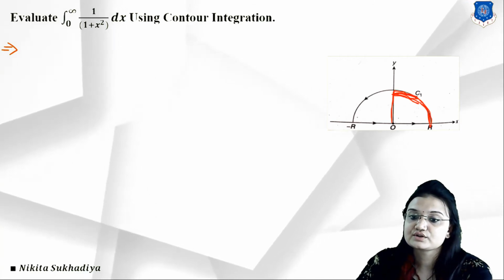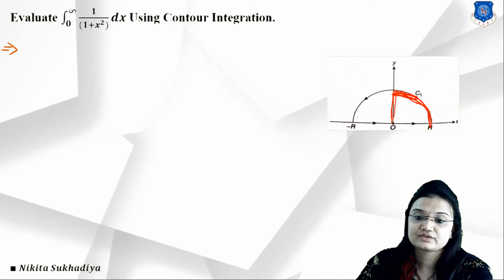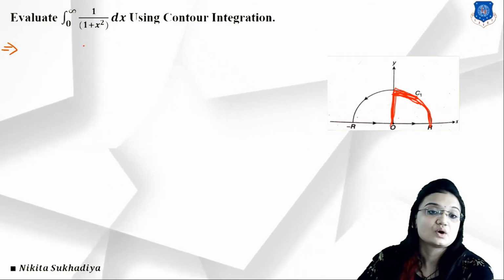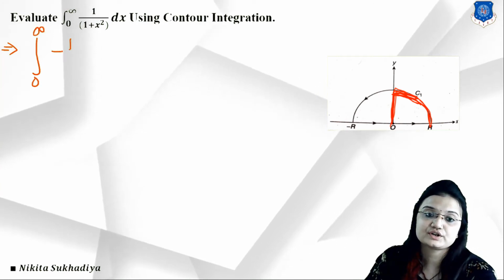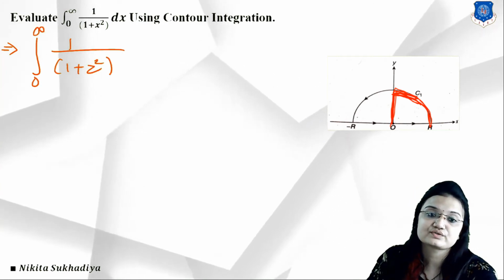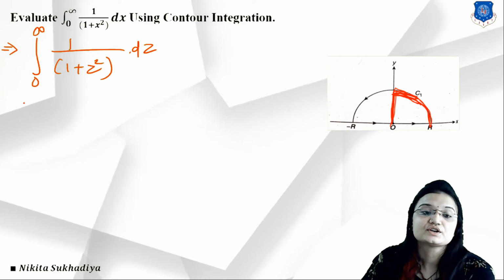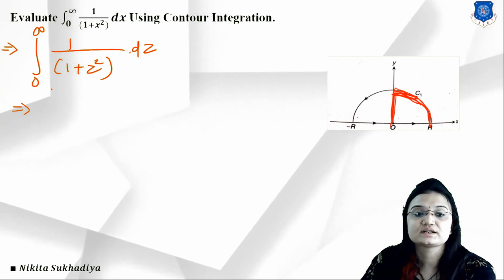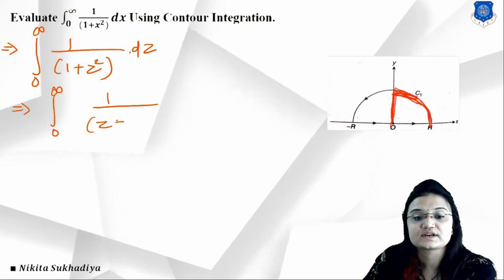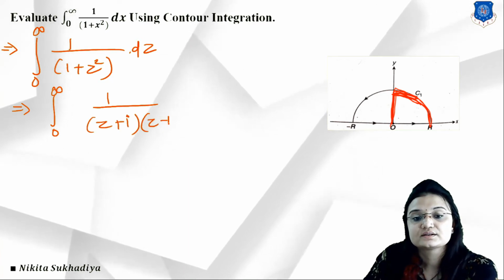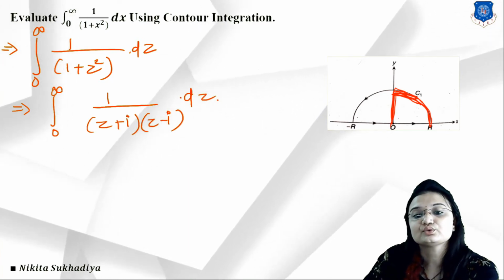Okay, so consider only this area. So here we have integration from 0 to infinity 1 upon 1 plus z square into dz. Okay, so this is nothing but integration from 0 to infinity 1 upon z plus i, z minus i into dz.